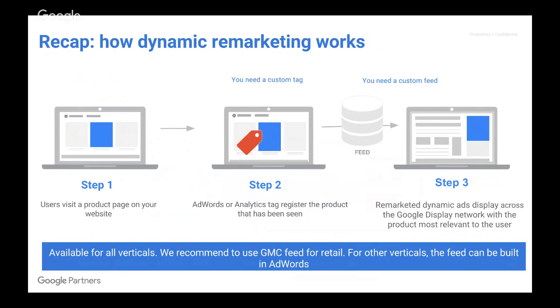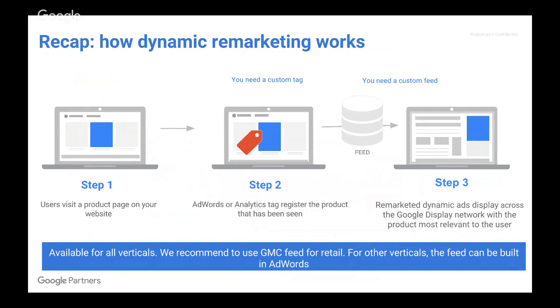The remarketing tag will enable us to actually match this product with an ID that's going to match with the feed of your clients. So in the Merchant Center, in the feed, you must have the same product ID as on the website. And this will enable us to propose an ad that displays the exact same product.